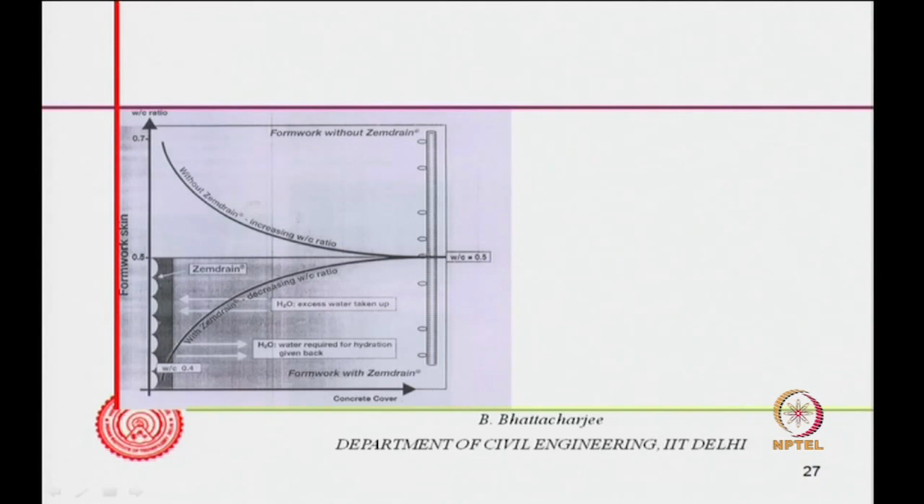When you have this material, the water cement ratio here reduces significantly. If your original water cement ratio was somewhere around 0.7 without the liner, with the liner it might go even to 0.4, where here it is 0.5.